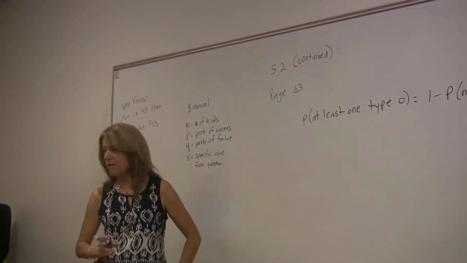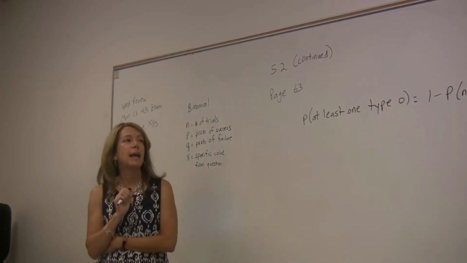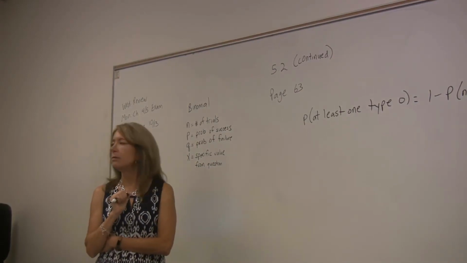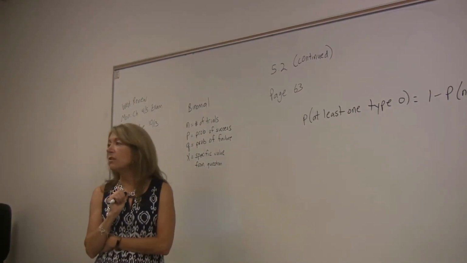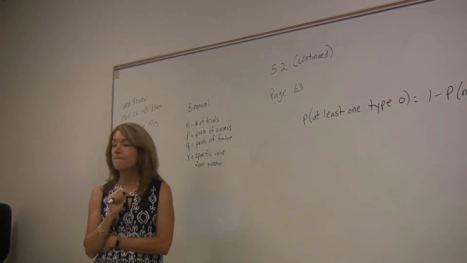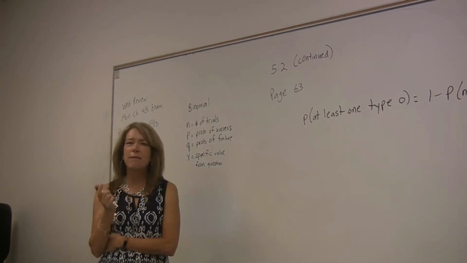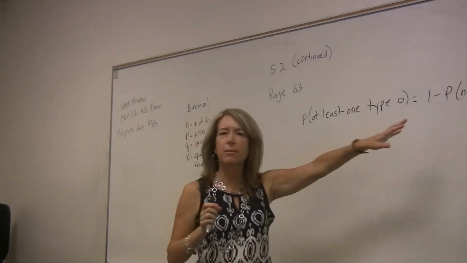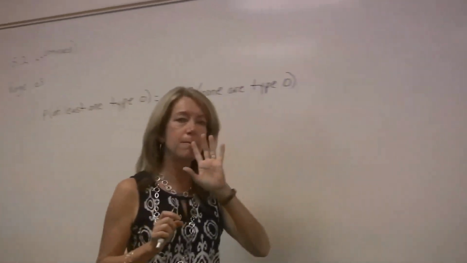So if I have 5 people and none of them are type O, what am I going to do? I'm going to find the probability that none of them are type O. I have 5 people.